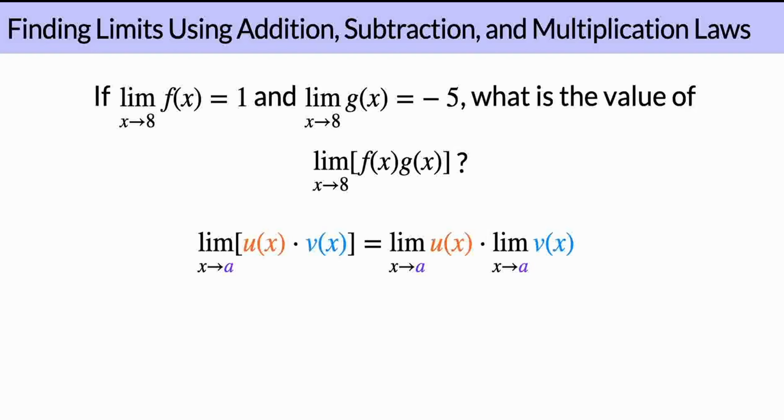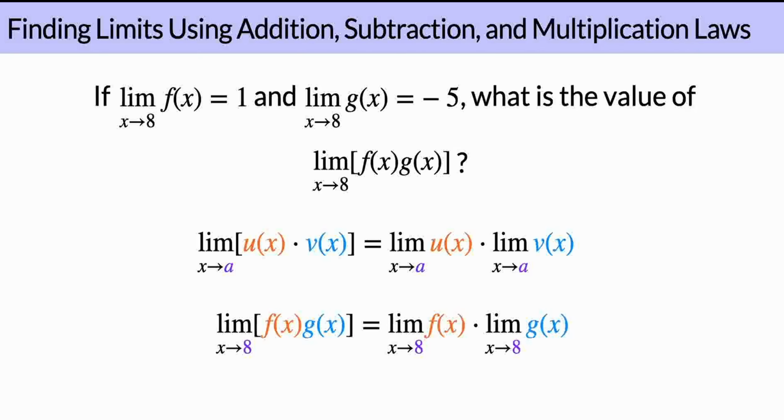The limit of the product f of x times g of x as x approaches 8 is equal to the limit of f of x as x approaches 8 times the limit of g of x as x approaches 8. We know that the limit of f of x as x approaches 8 is 1, and the limit of g of x as x approaches 8 is negative 5. So this limit is equal to negative 5.